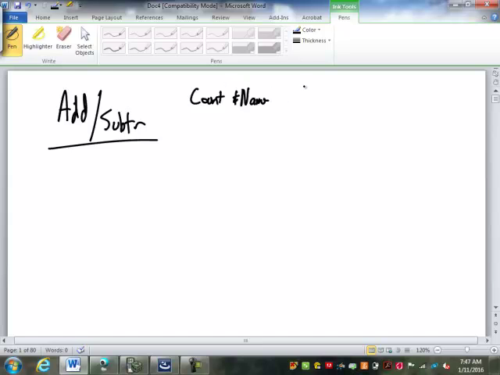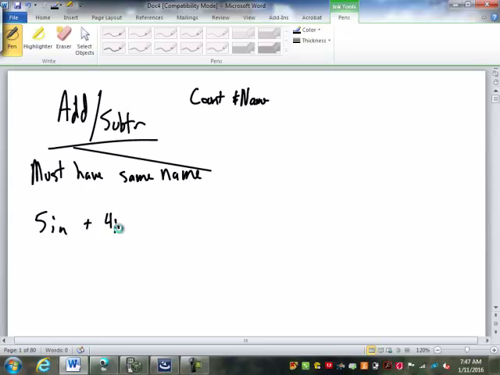And in terms of those counts and names, what must we have before we can add or subtract? Must have same name. Like 5 inches, we can add to 4 inches to get 9 inches because they have the same name.